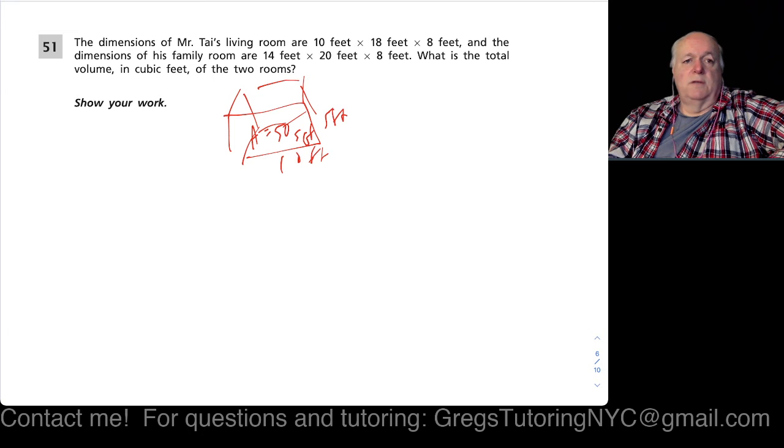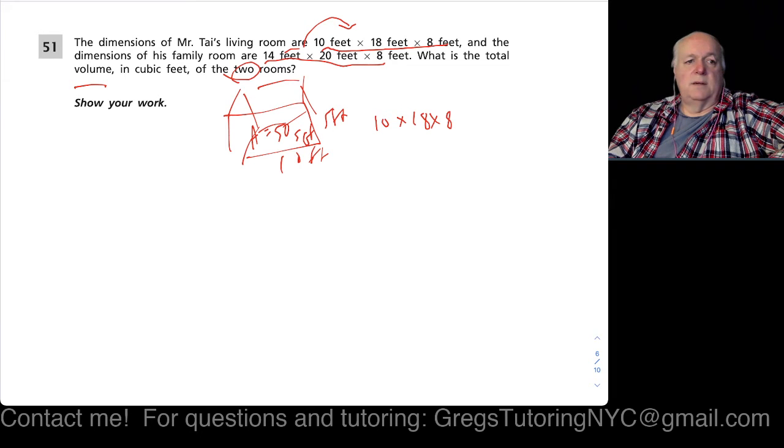The dimensions of the living room are now currently these three numbers here in the red. And the dimensions of his family room, a second different room, is 14 by 20 by 8. What is the total volume of the two rooms? So basically we need to do 10 times 18 times 8.